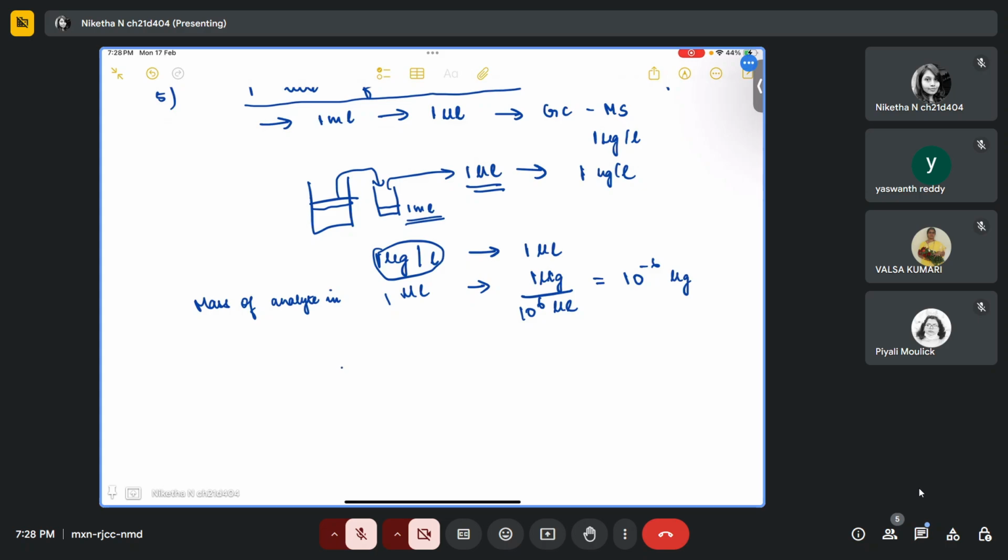To find that out, 1 microliter will be equal to 10 power how much milliliters? No, 10 power 6 is for liters, right?